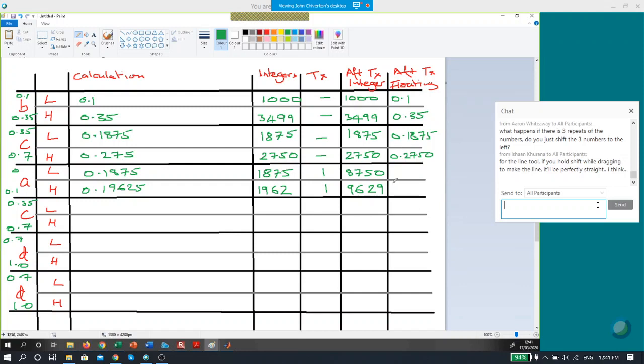After transmit floating point numbers, that would be a similar idea there. So we've got 0.875. And then this one will be 0.9629. Okay, so this is where it departs from what we had before a little bit.